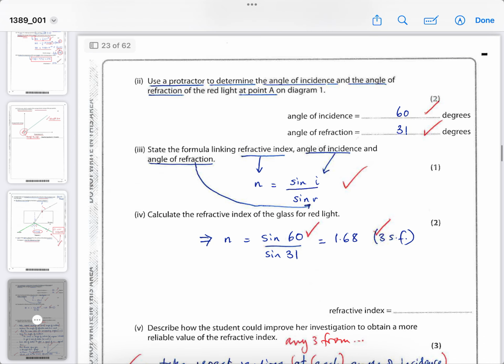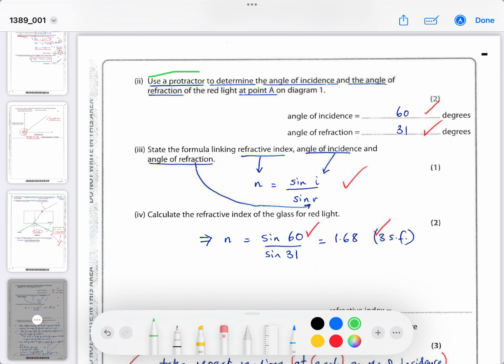And this is why I've told my students they need a protractor for this exam: use a protractor to determine the angle of incidence and the angle of refraction at point A on diagram 1. One of my students said they don't know how to use a protractor.